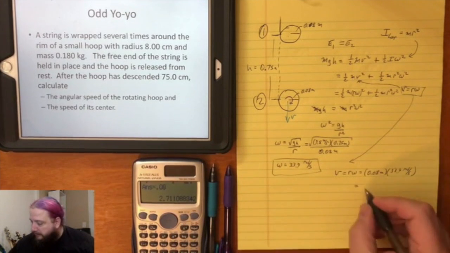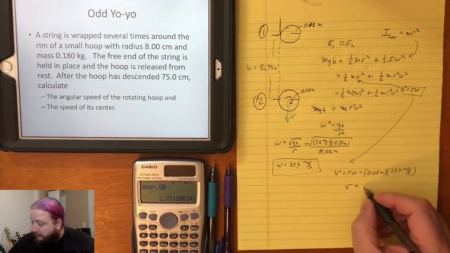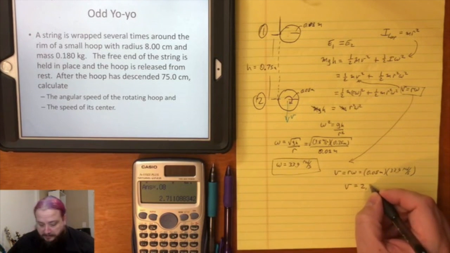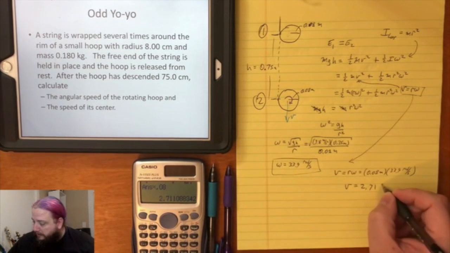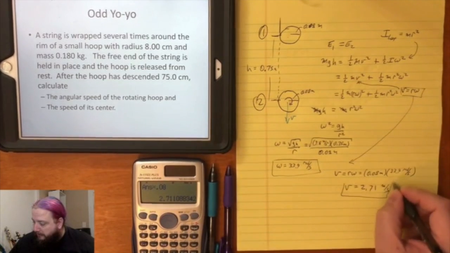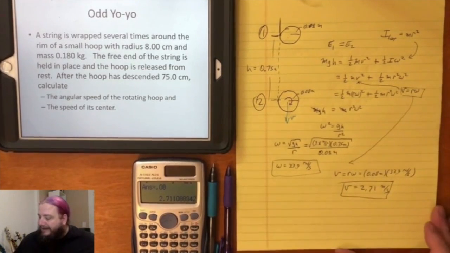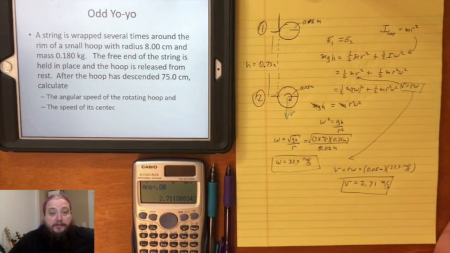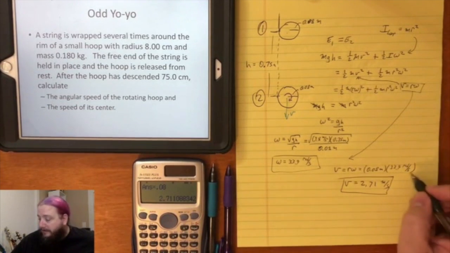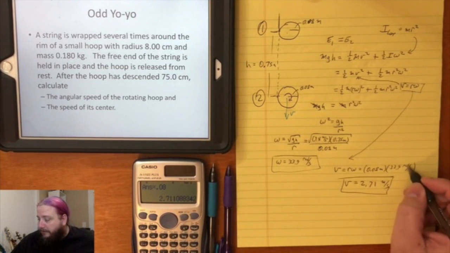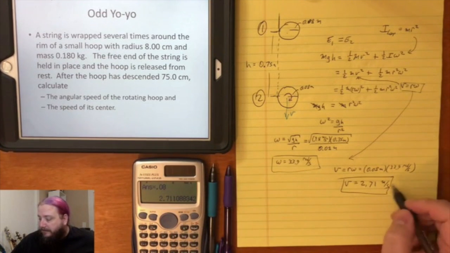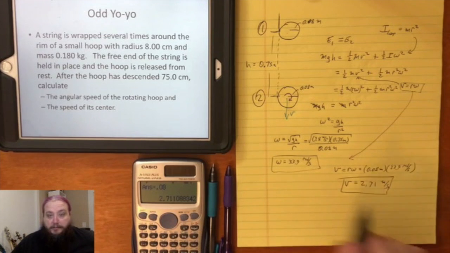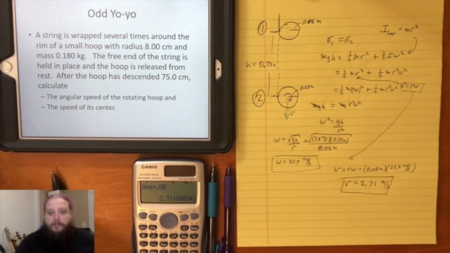And that gives us a linear velocity of 2.71 meters per second. Where again, here the radians, we write it in, but radians are essentially a unitless quantity. And so meters times radians per second is going to give us the units of meters per second.